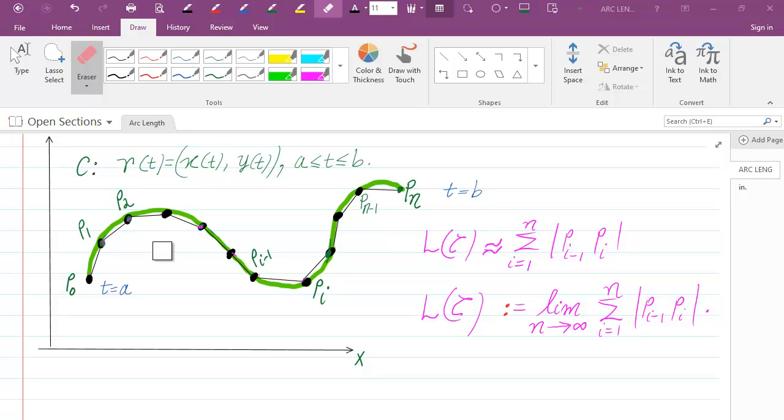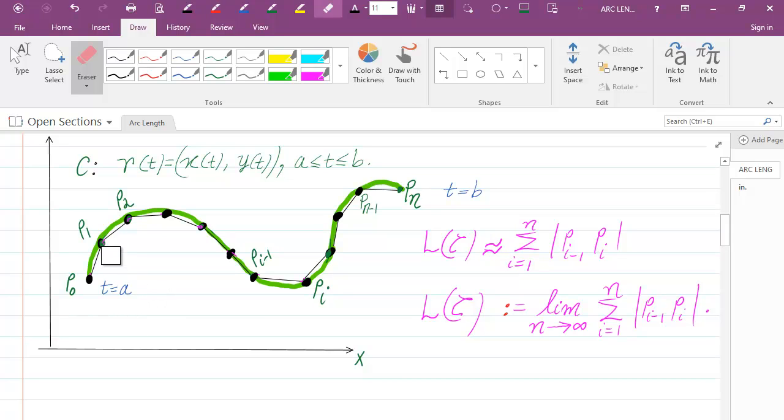So to break the curve into small pieces, let's pick points on the curve. And so let's pick points P0, P1, P2, dot, dot, Pi minus 1, Pi, dot, dot, Pn minus 1, and Pn. So we have picked, including P0, n plus 1 points on the curve.